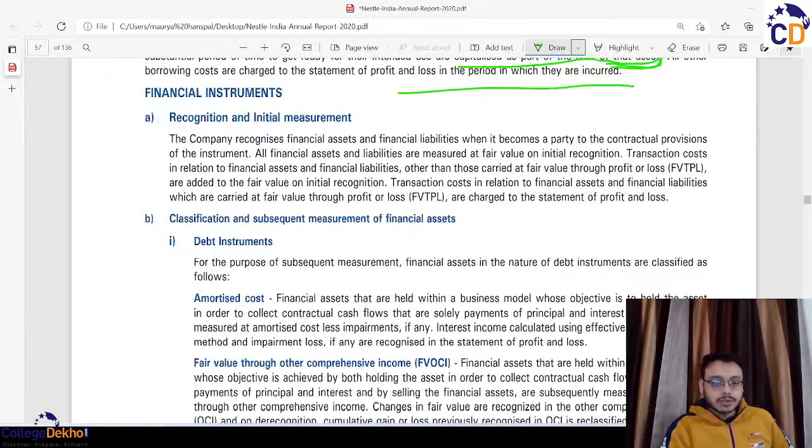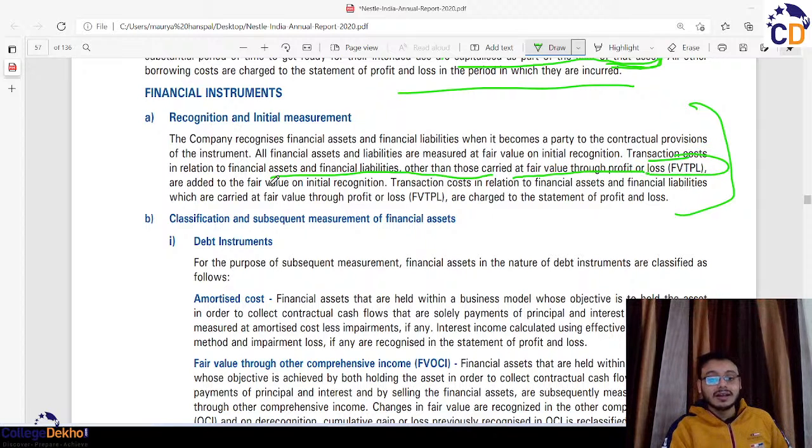Then financial instruments, your recognition and initial measurement, that is on what basis they recognize this. So this is like purely accounting, that your transaction cost in relation to financial assets and financial liabilities other than those carried at fair value through P&L are added to. This is all like purely accounting, और financial analyst को इससे कुछ like लेना देना नहीं होता, ठीक है.